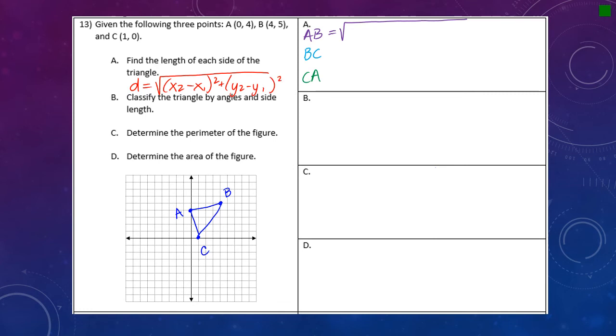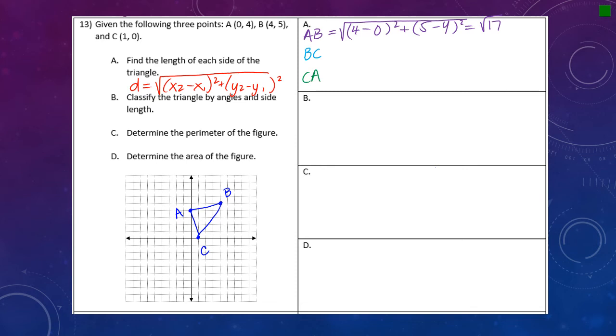Okay, so for AB, I have to use points A and B. All right, so I would plug in 4 minus 0 and 5 minus 4. And this comes out to be the square root of 17. If you put that in your calculator, you'll get 17 under the radical.